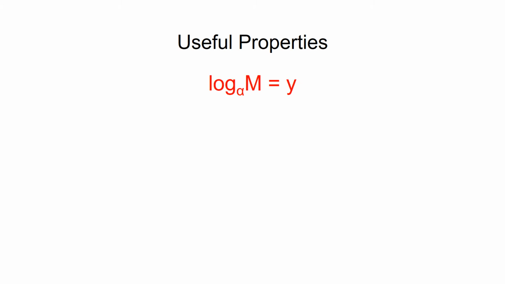Now let's look at the equation log base a of m is equal to y. We can build an exponential equation from this: a to the y is equal to m.